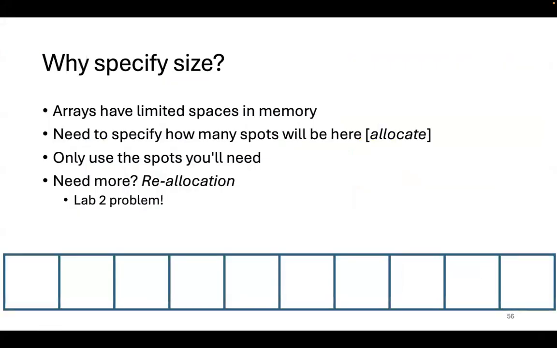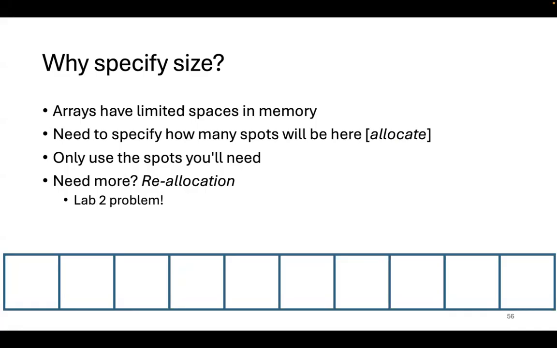The reason we need to specify the size is that we have limited spaces in memory. This is also true for Python, but it kind of glosses over these details for you. Here there is a limit and we need to specify how many spots we're going to need, so we need to allocate. That way we only use the spots that we actually need.